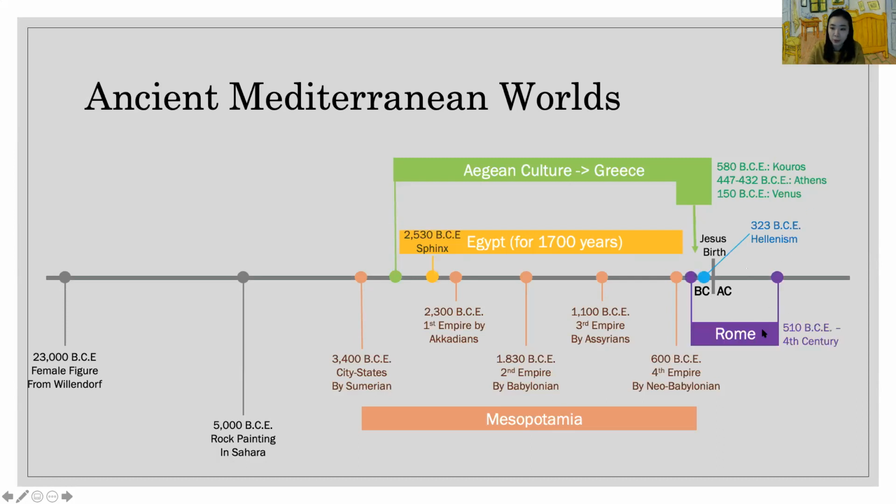And Rome is here. So Rome began before the century and continued to the 4th century. So now let's briefly see the Aegean culture first before the Greece.